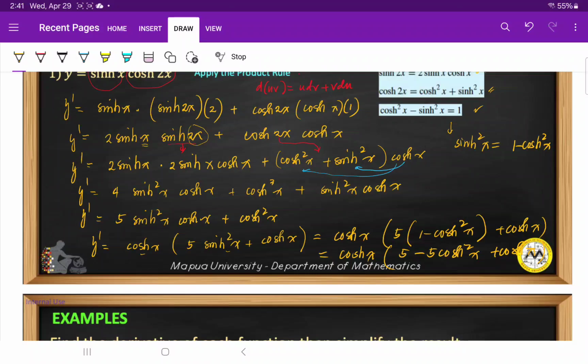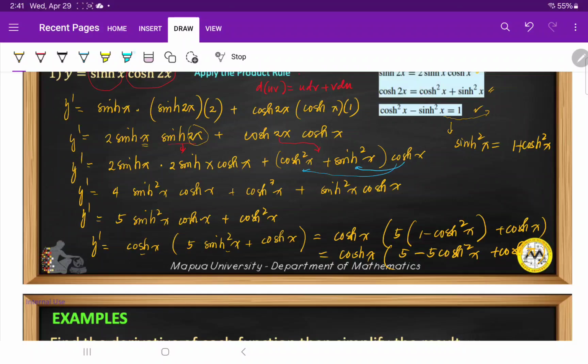Okay, hold on. There is something wrong with this one. Sorry, because when we transpose, this should be positive. Sine on the right side becomes positive.